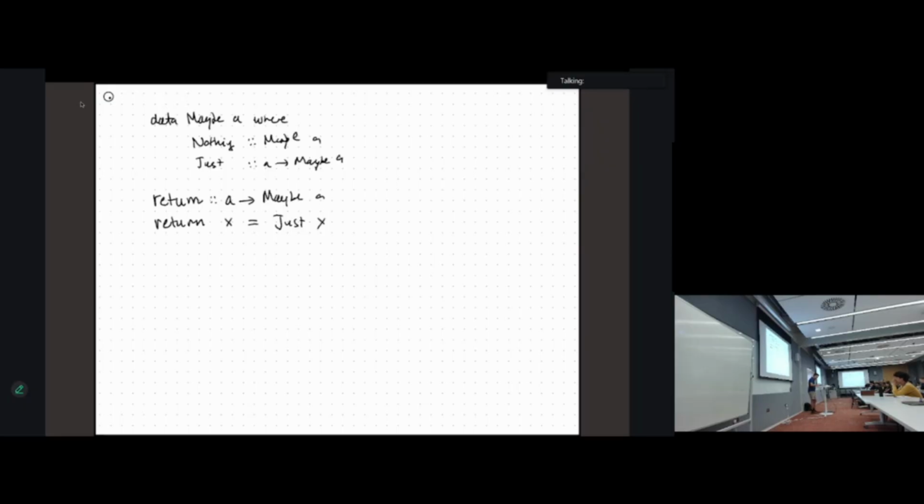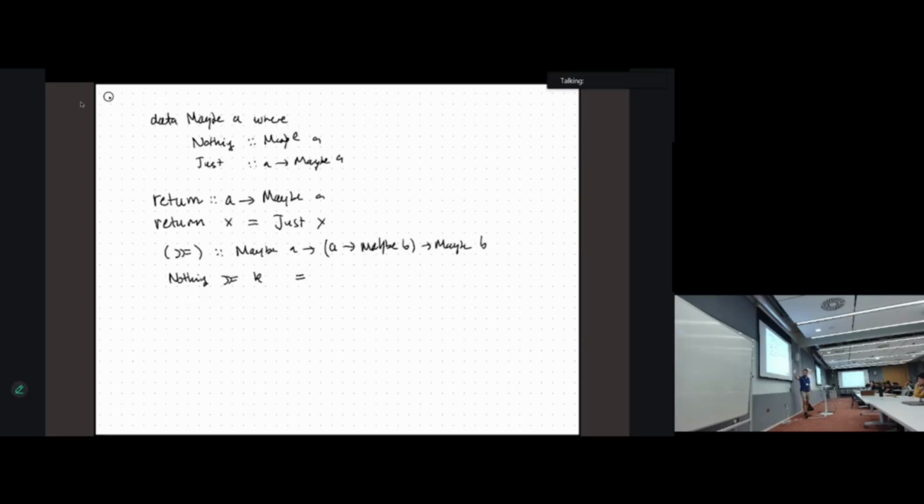Now we implement bind. So I'll just write the type of bind down just to help you. Okay, so if we do this, then we have nothing, bind, let's say K. Okay, so we need to define nothing binds K to do something.